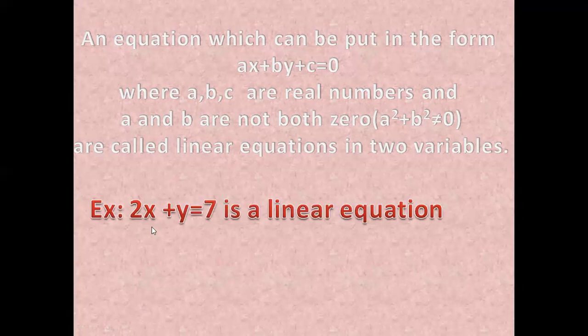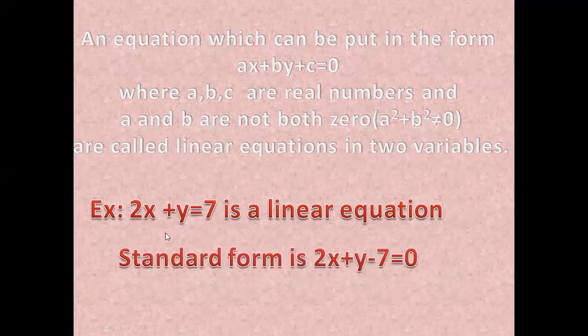Now 2x plus y is equal to 7 is a linear equation. How to write it in the form ax plus by plus c is equal to 0? Bring 7 to the left side. Now the standard form of this equation is 2x plus y minus 7 is equal to 0.